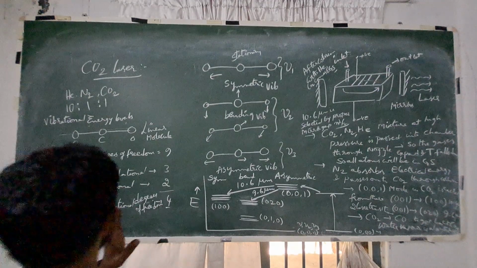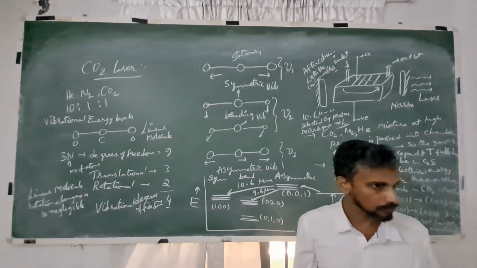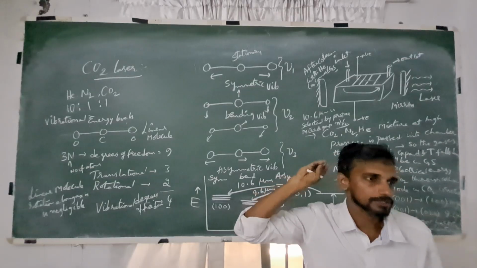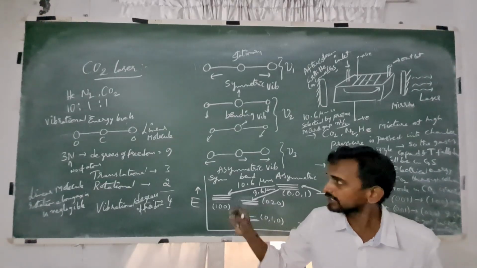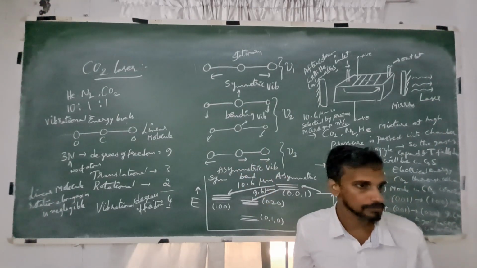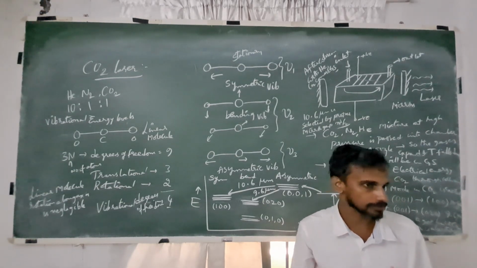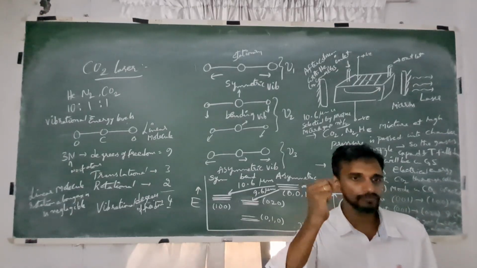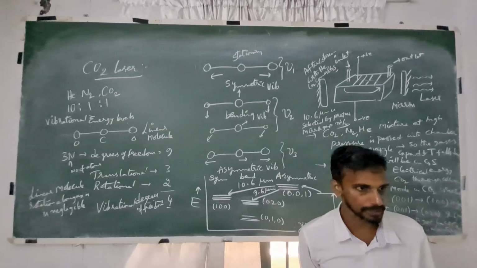So here you see this. When you have this carbon dioxide molecule and you are supplying energy, when the energy is in the visible region, it will induce electronic transitions. The energy is sufficient for an electron to move from one energy level to another. That is an electronic transition.